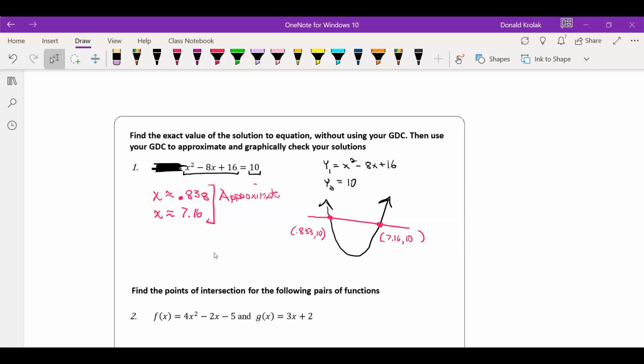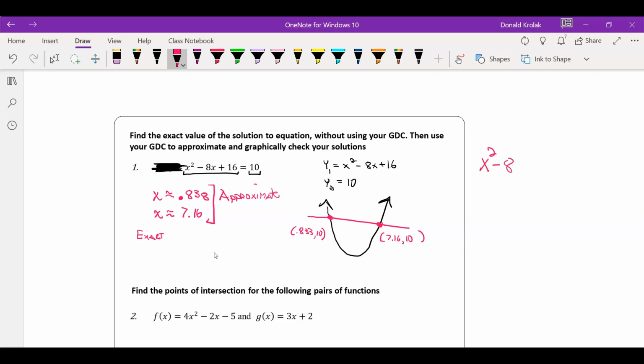Now, if I said find the exact solutions, and if I was going to do it by using factoring, okay, if you just look up here, don't write this down.